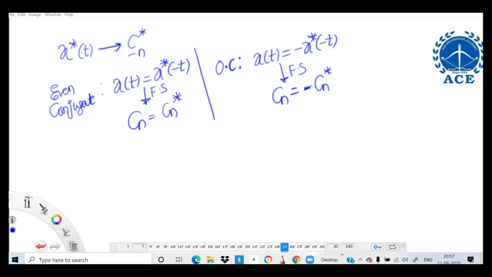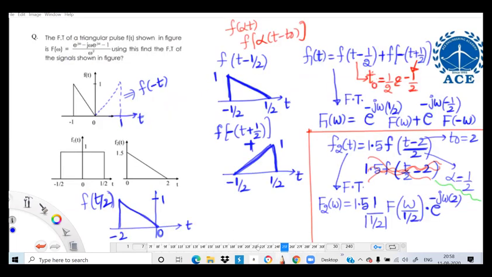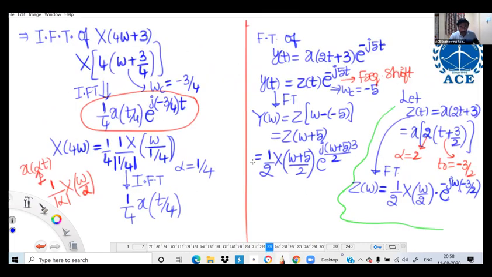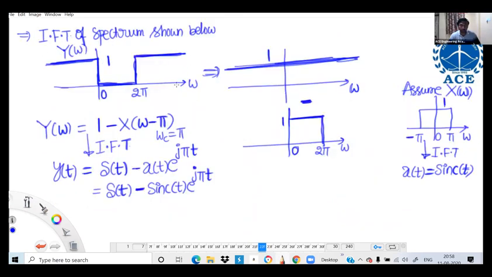This last problem, sir, 1 minus x of omega minus pi. I didn't get it, sir. What is there to get? I have given the frequency domain spectrum. I want the time domain function. This spectrum has amplitude 1 everywhere except in the range 0 to 2 pi. It means from 1 I have to subtract a rectangle.